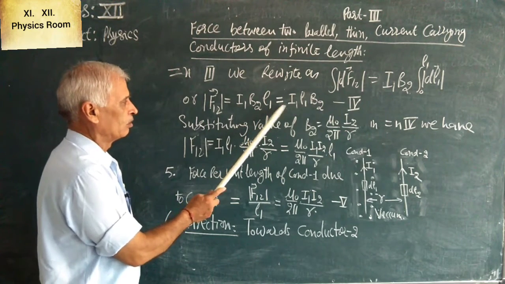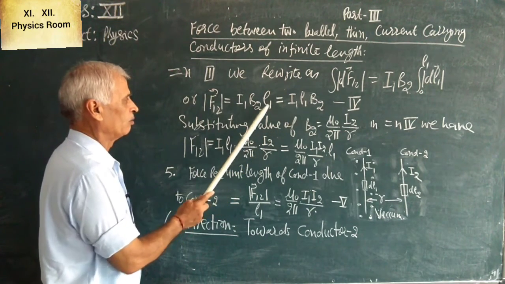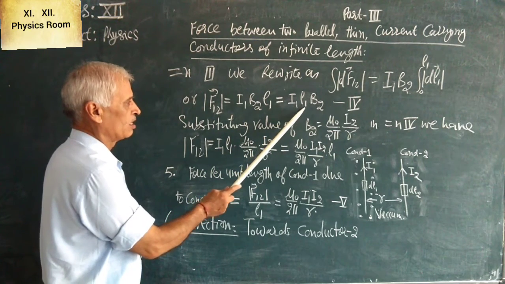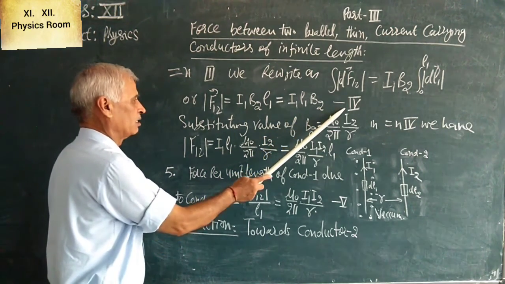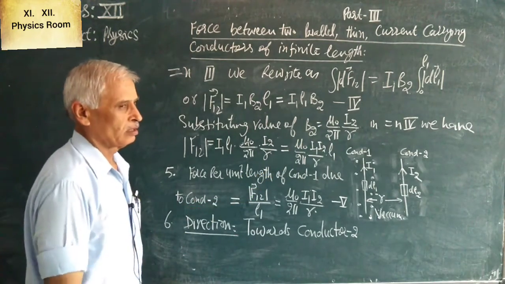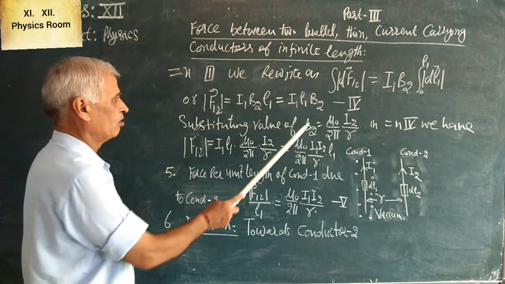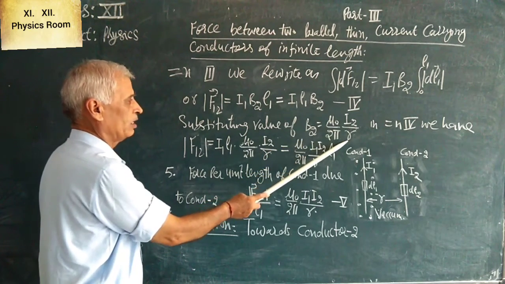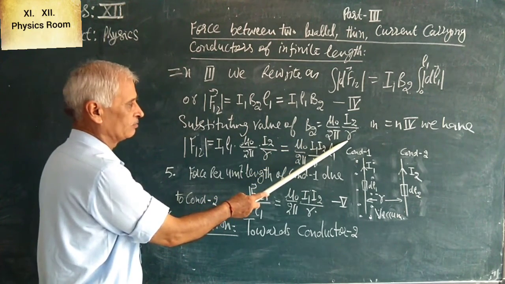We rewrite it as I1 L1 B2 and mark it as equation number 4. Now substituting the value of B2 equal to mu 0 by 2 pi I2 by R, as already mentioned.